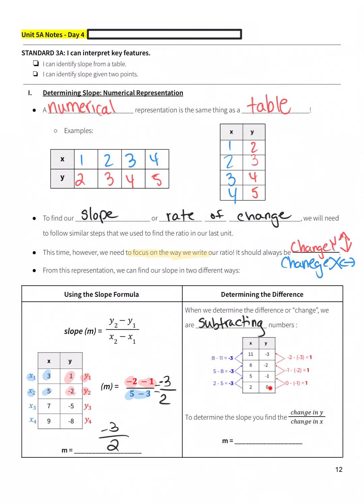So we have 0 minus negative 1. 0 minus negative 1 is 1, because remember, when you subtract a negative, it's adding. Use your calculator. 0 minus negative 1 is 1. Negative 1 minus negative 2 is 1. Negative 2 minus negative 3 is 1. So we know the change in y is 1.